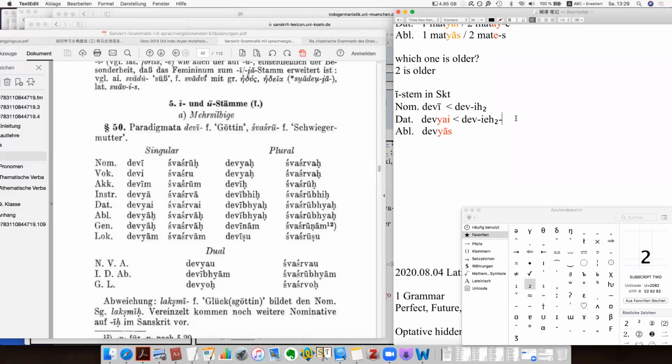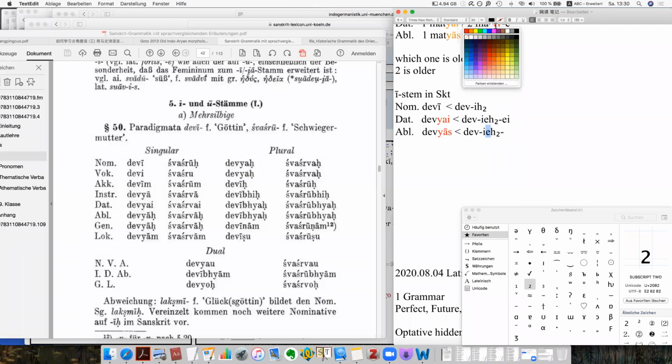And to this ablaut, we also add a dative ending. So dative ending is A, right? And for this form, again, we actually have Dev, and this is a suffix, right? But for this suffix, again, we have an ablaut. So this is actually the ablaut.